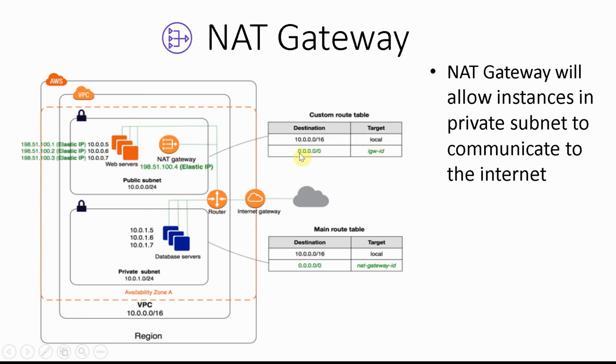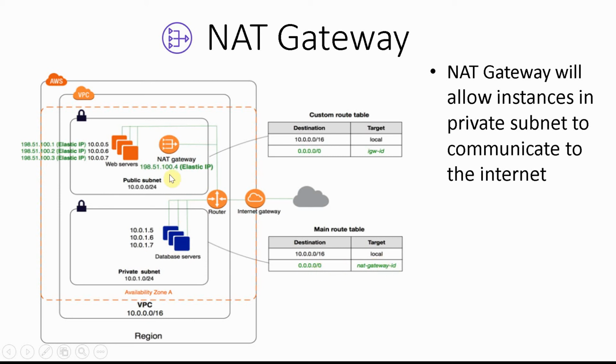The association is happening via this route table. So here you're telling the rule that IGW ID, and then here you're telling the NAT gateway ID for this private subnet. You're telling that for this private subnet, the target is NAT gateway. So then any internet traffic that is required, any hit coming from the database, it will go here and it will identify that the target is NAT gateway.